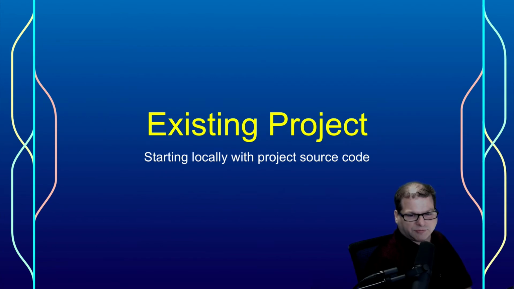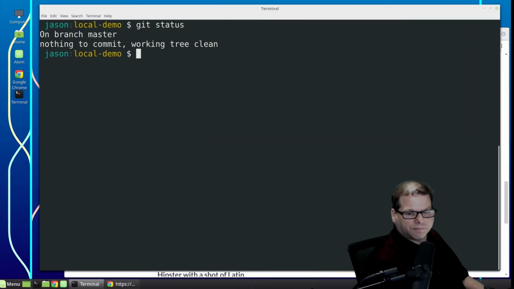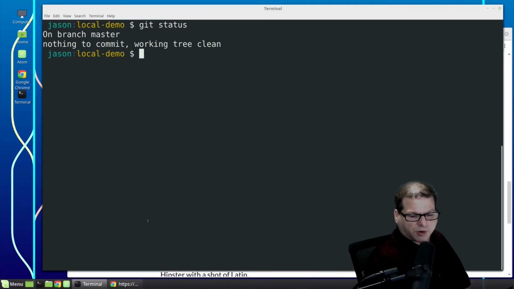So now that we have placed an existing project under source control management, it's time to set up that remote repository that is on GitHub, so then we can link it to our local repository. All right, let's head back over to our web browser.